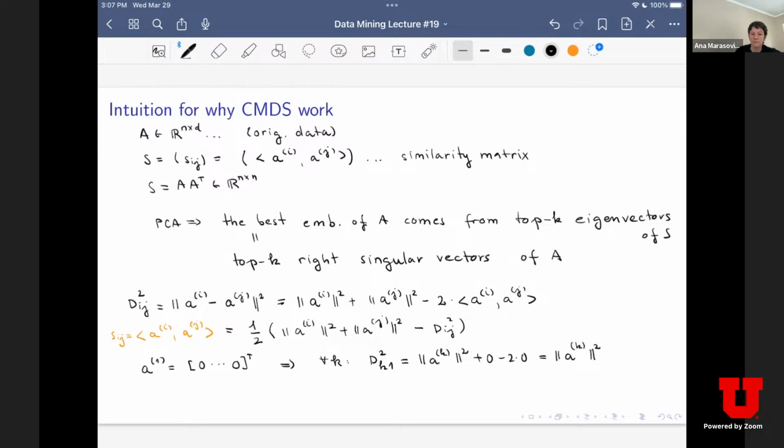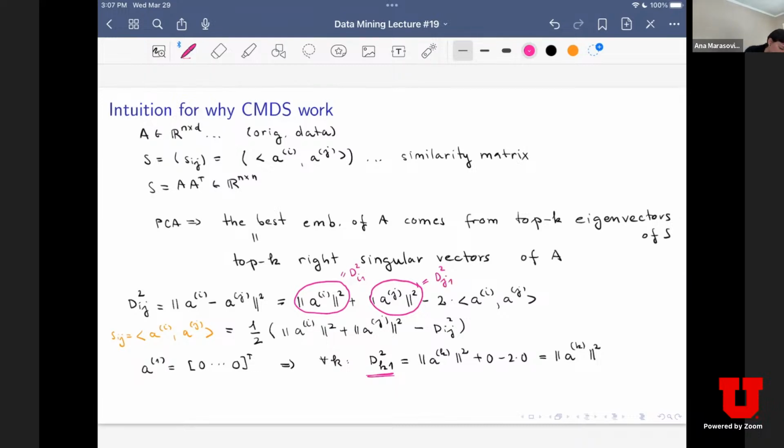Okay, so now from here, I will use another color. Each one of these can be written down in terms of these distances. Because the norm of every point is equal to its distance to this first point, which is 0, this is the same as d_i1 squared, and this is the same as d_j1 squared.